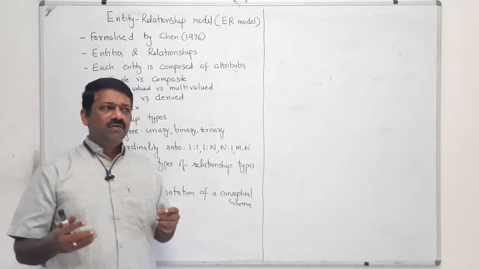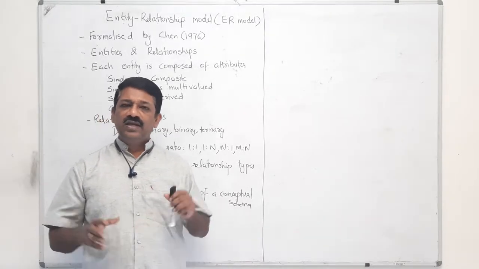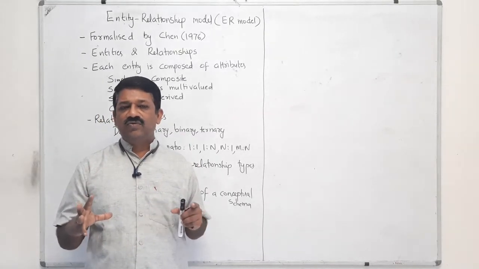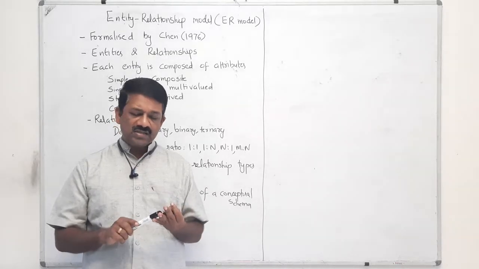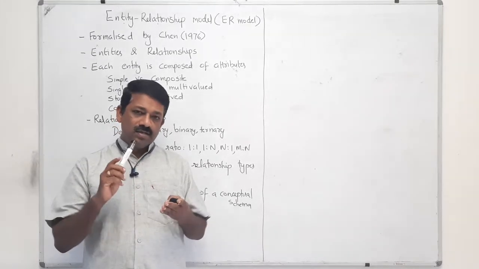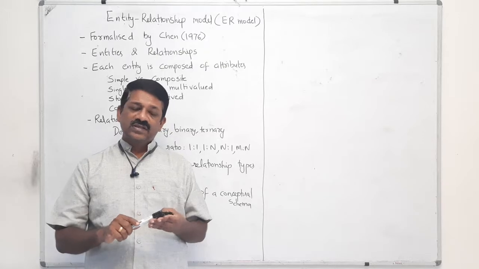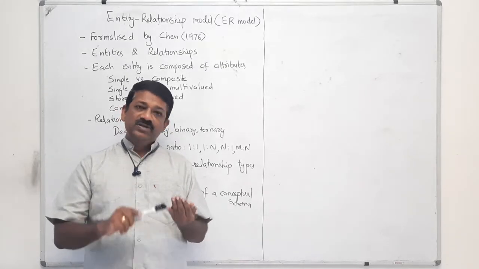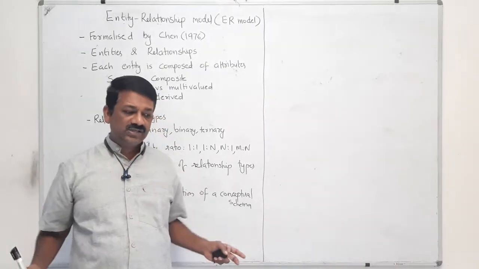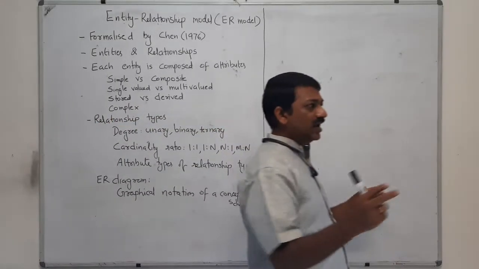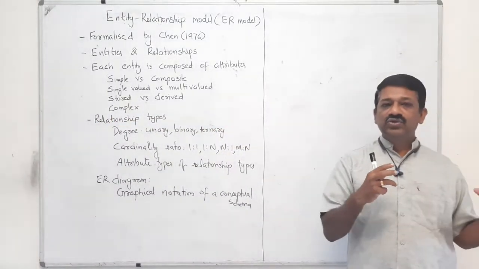Generally speaking, mostly nouns are entities, for example rooms, classes, the building, students, teachers, administrative staff. All these are entities.